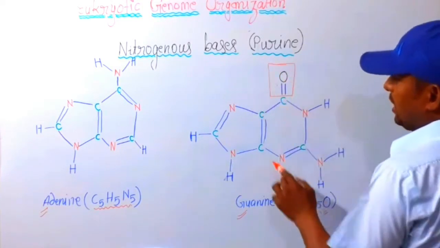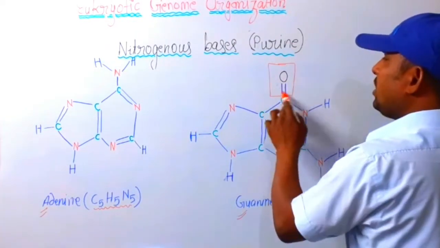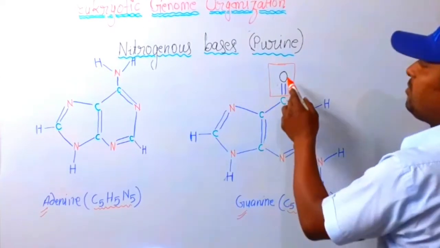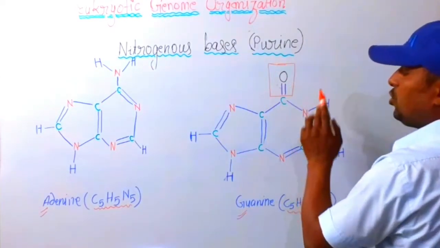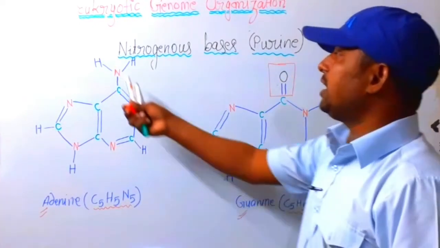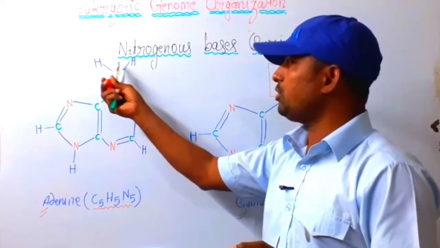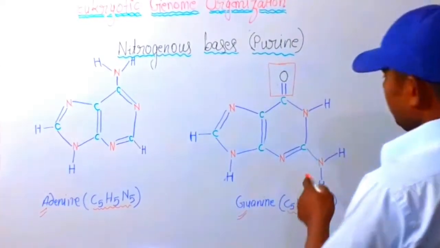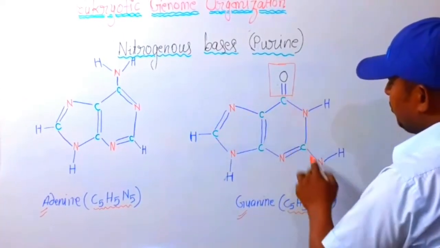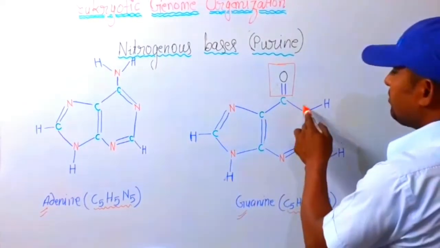The guanine structure has an extra carbonyl group. Oxygen has two valency, 1 and 2. It means it binds with a double bond. While nitrogen has 3 valency, so it bonds with 3 bonds, 1, 2, 3. Here also carbon has 4 bonds and nitrogen has 3 bonds.